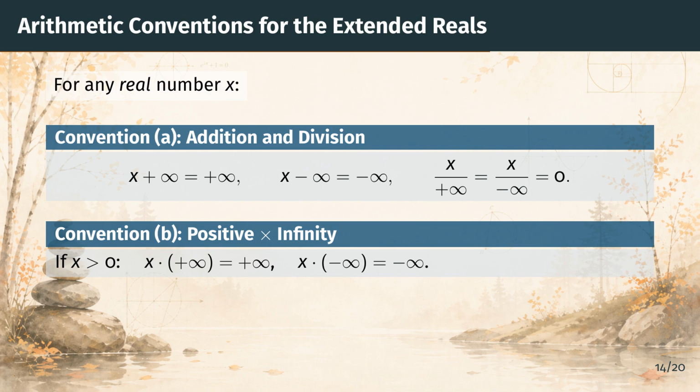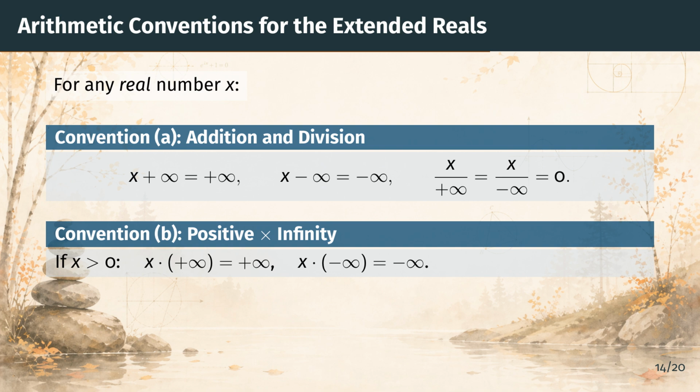Convention B tells us what happens when we multiply a positive real number by infinity. A positive number times plus infinity is plus infinity, and a positive number times minus infinity is minus infinity. The sign is preserved because a positive scaling factor does not change direction.